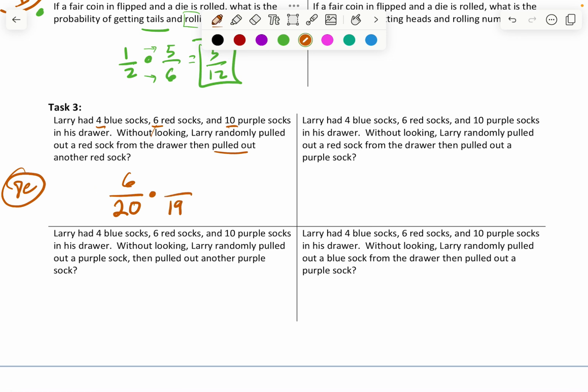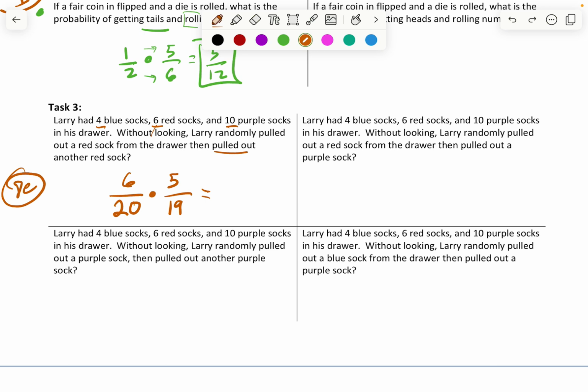And we took out a red sock here, and they want us to pull another red sock out. Well, we took one out from this, so it should be a 5 are left, right? If we took 1 red sock out to begin with. All right, so if you could simplify these, that's fine. If you didn't, I'll just do it here, but you should get a lower number.